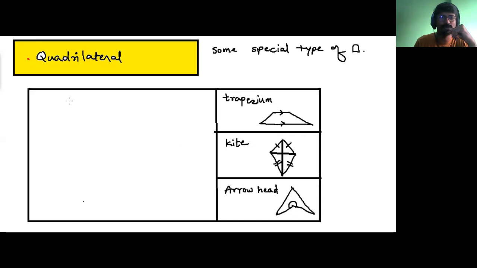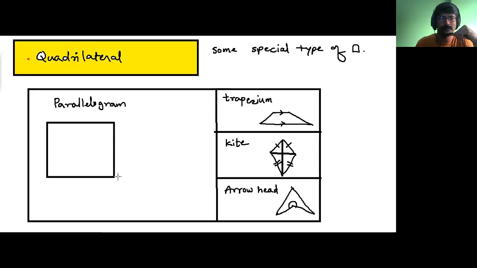And what is this huge thing? This is basically the parallelogram. Now this parallelogram is again divided in three portions. Let me draw it with some standard shapes.